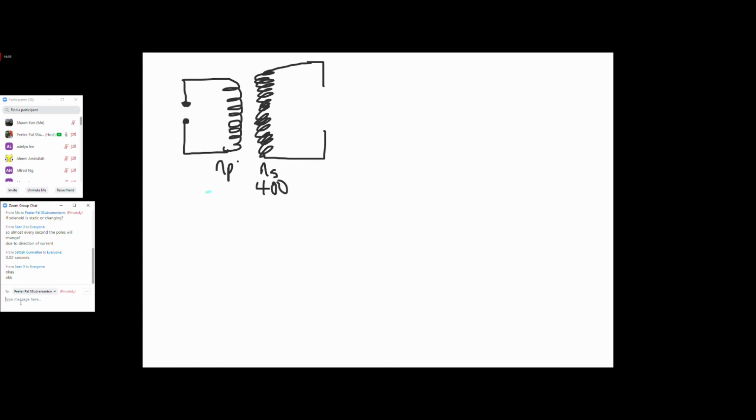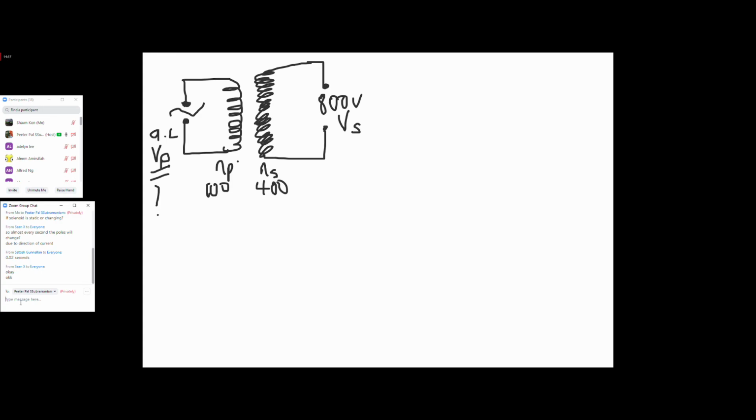This was 100 and this 400. This is the AC current primary voltage input. Let's say the output voltage is 800 volt. So this is the secondary voltage. What was the primary voltage?